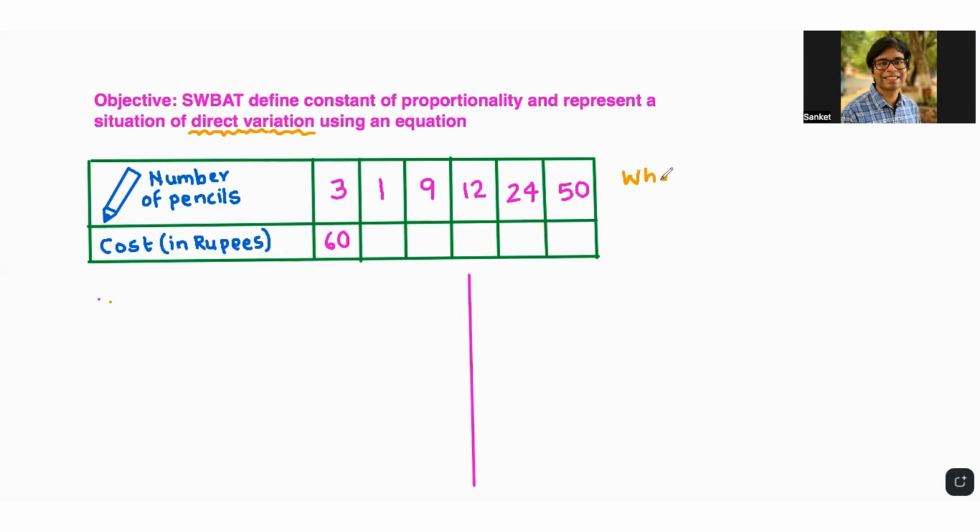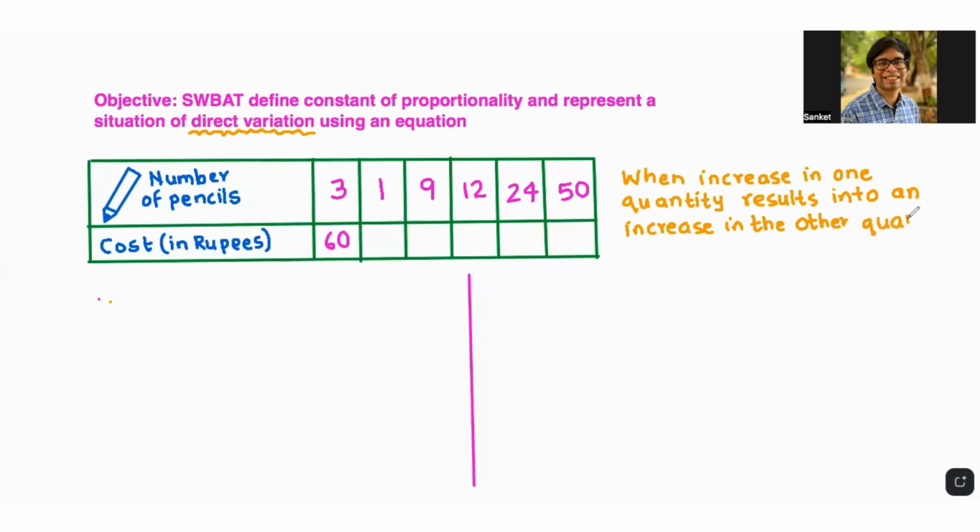When increase in one quantity results into an increase in the other quantity, such a situation we can represent by direct proportion or direct variation.